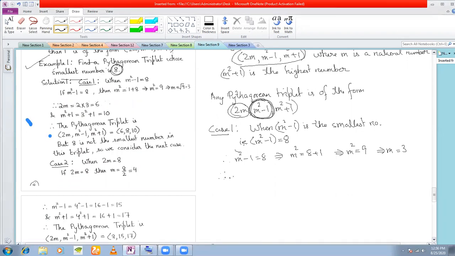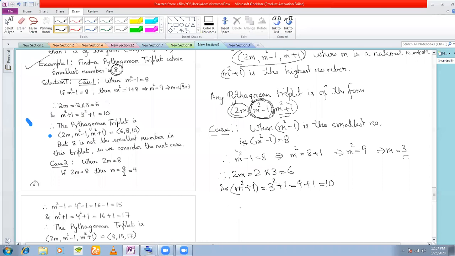Therefore, what is 2m? 2 into the value of m that we have found out, 3, which is 6. And what is the third number, the highest number? M square plus 1, which is equal to 3 square plus 1, which is equal to 9 plus 1, which is equal to 10. So what is the triplet?